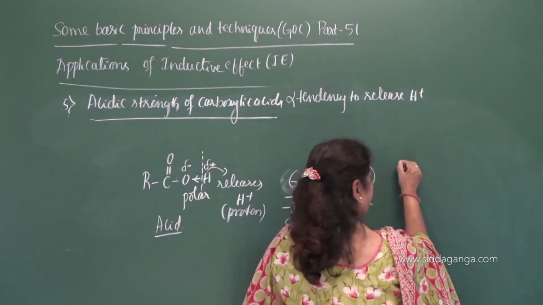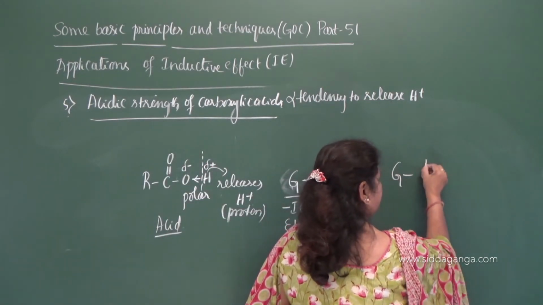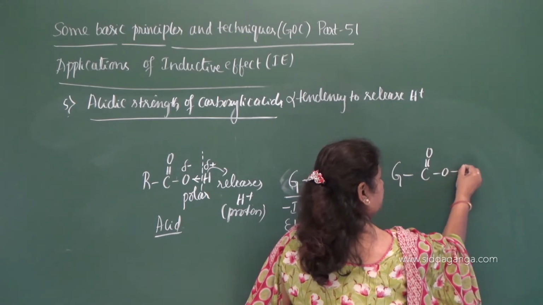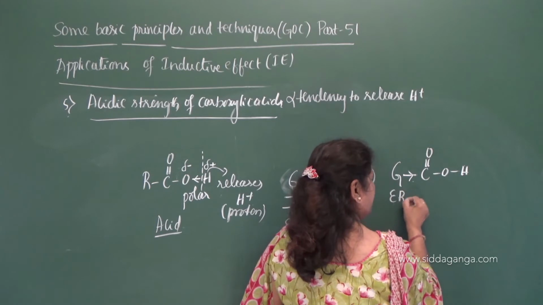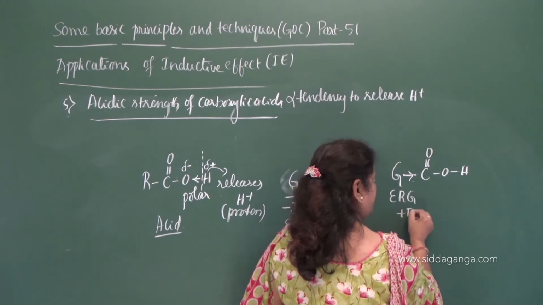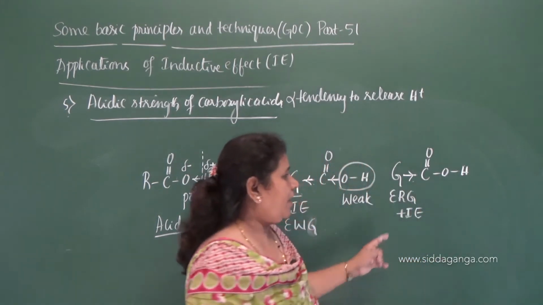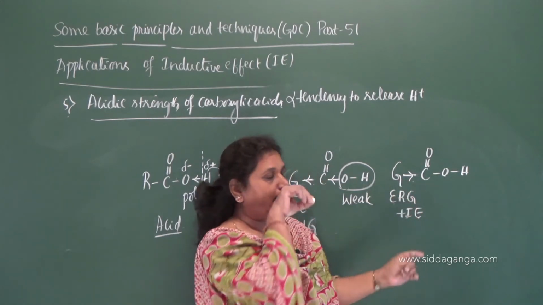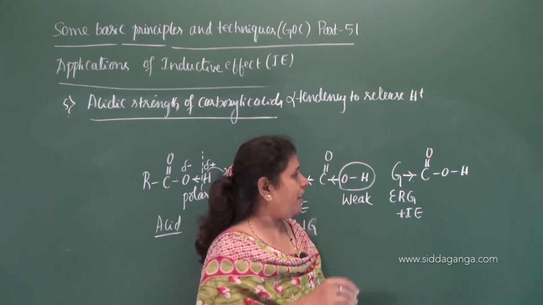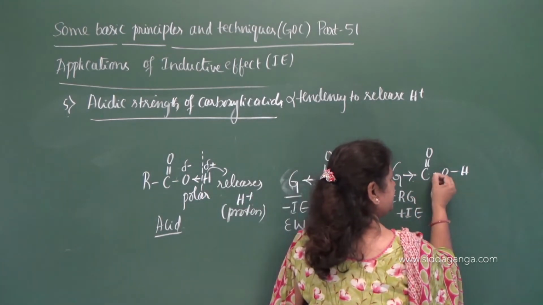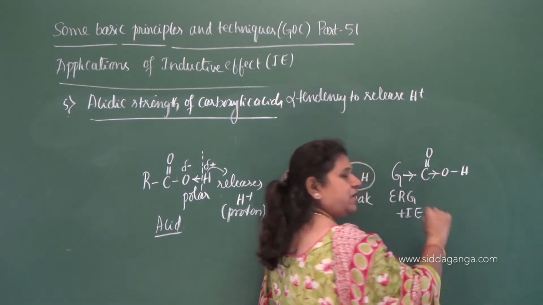Whereas if the same group is attached to the carboxylic acid and this group is an electron releasing group, then it exerts a positive inductive effect. It gives this electron, it displaces the sigma electron to the carbon and thereby it displaces this sigma electron towards the oxygen.